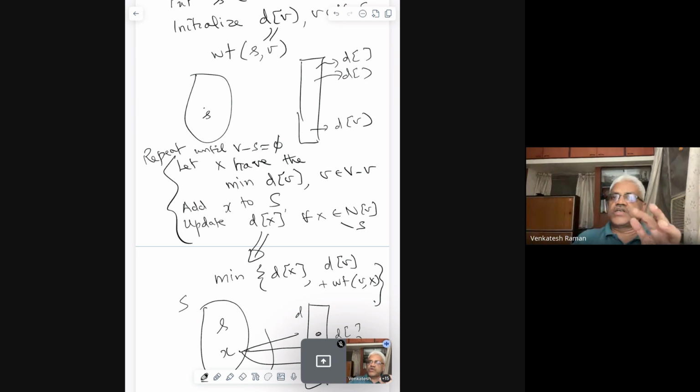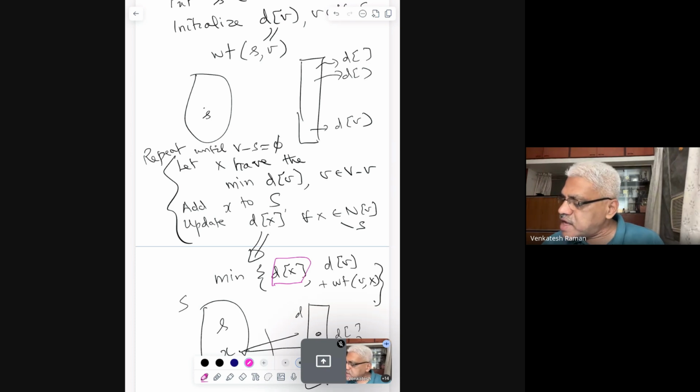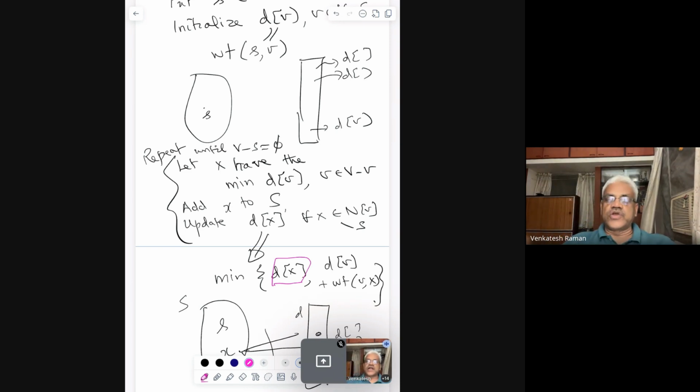Because this new vertex has come into S, and through that vertex I may get a shorter distance. So I update it to whichever is smaller: its current distance, or the distance of the new vertex plus the edge weight to x. Whichever is smaller, I update it. And then I continue. Find the smallest d, add it to S, keep going.